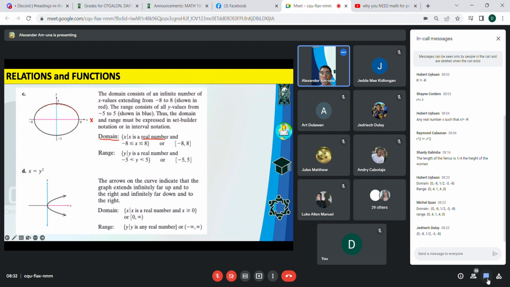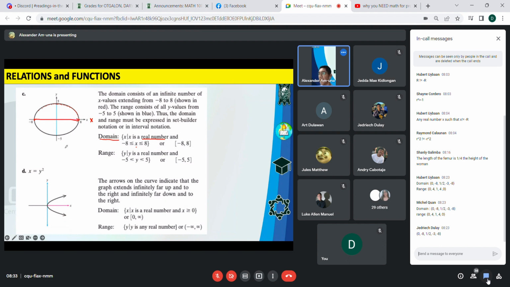Okay. And x, you start from the middle, is less than or equal to 8. So from here, and greater than or equal to -8. So meaning to say all the x values from here until here.